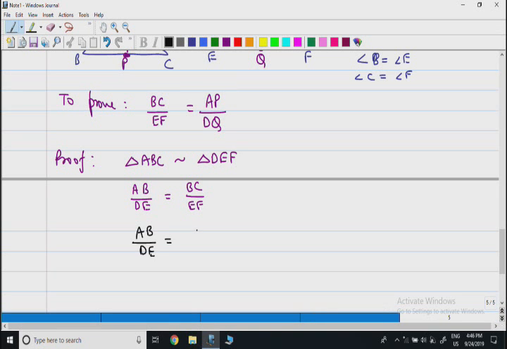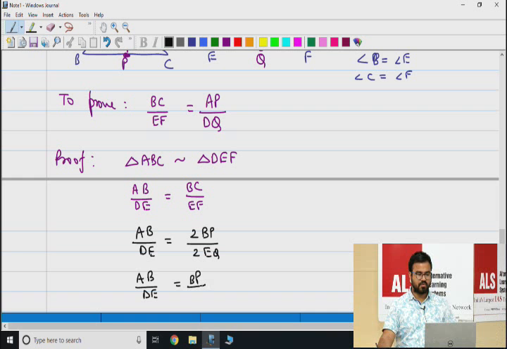In place of BC we can write twice BP, and EF we can write as twice EQ. So this 2 and 2 will get cancelled out. So AB over DE is equal to BP over EQ. This ratio we know.